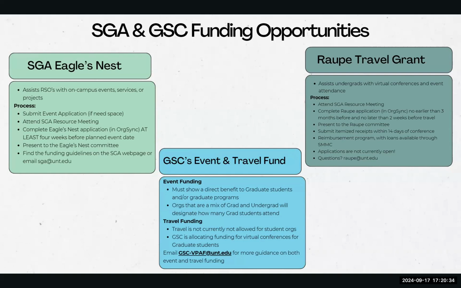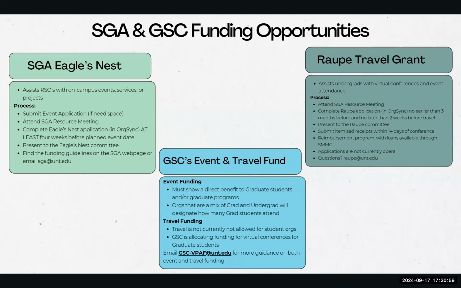And correction, the RAP Travel Grant is currently open, so I apologize for that typo, as well as Eagle Nest is currently open as well. So the next thing I have is the Graduate Student Council's Event and Travel Fund. This is for graduate students, and it has to be an event that is directly going to benefit graduate students and or graduate programs.